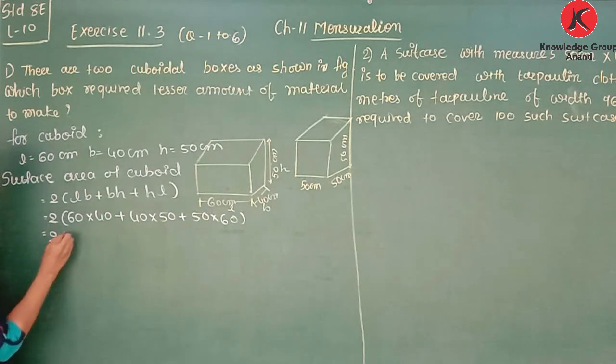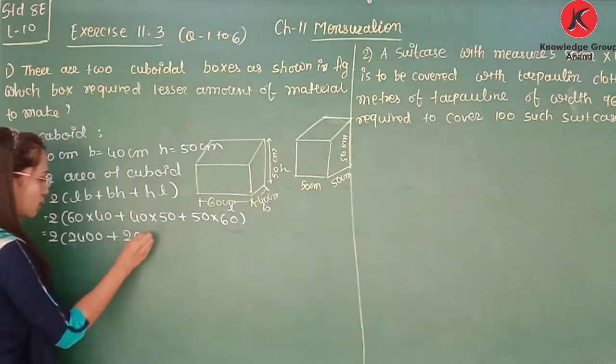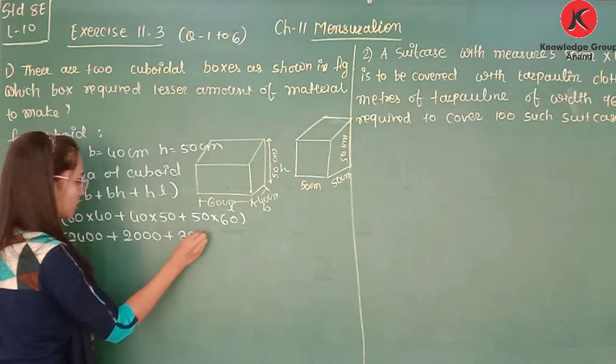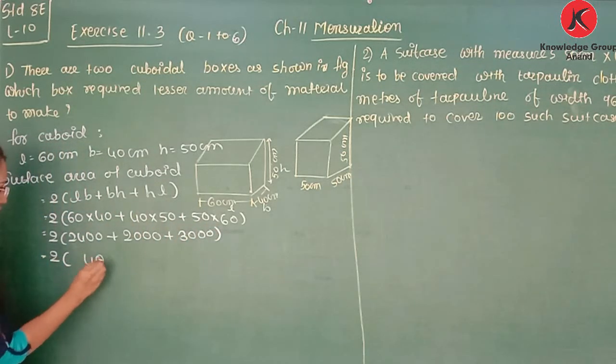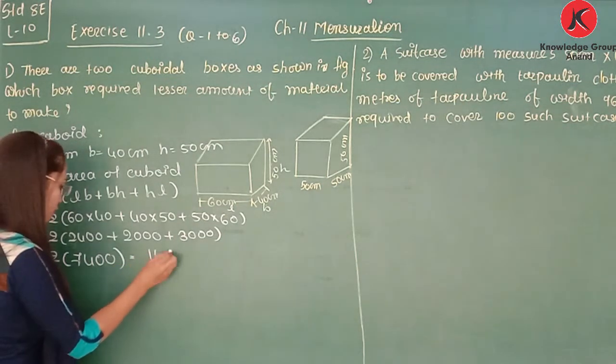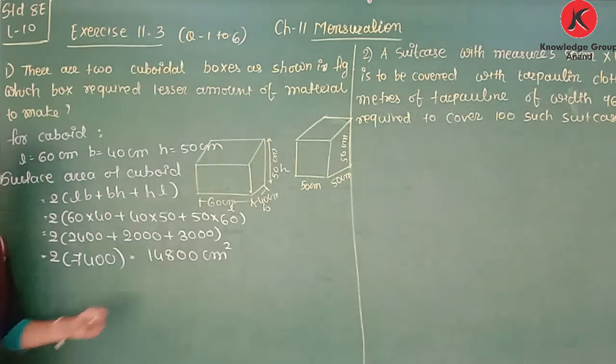So it is 2400, 2000 plus 3000. So here 7,400, so it is 14800 centimeters square. So that is the surface area of the first box.